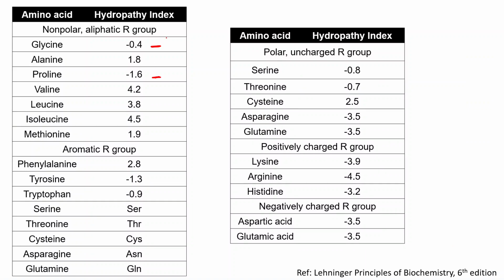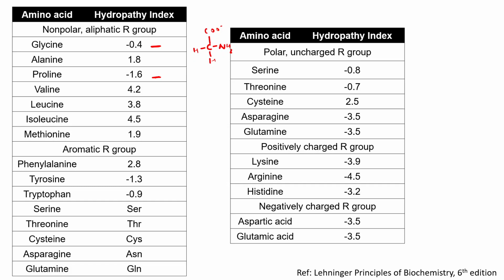Okay. So, if you see the structure, basically the alpha carbon has the carboxylic group, the amino group, and 2 hydrogens. So, it's a very small amino acid. So, it does not really affect the hydrophobicity or hydrophilicity of a protein.